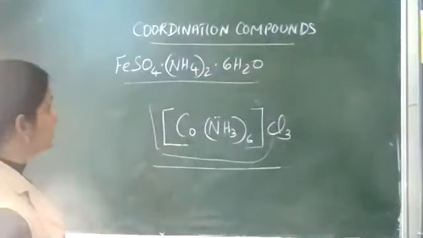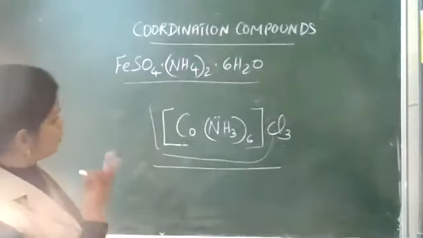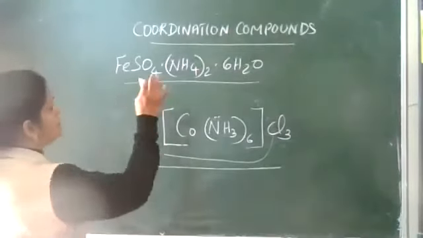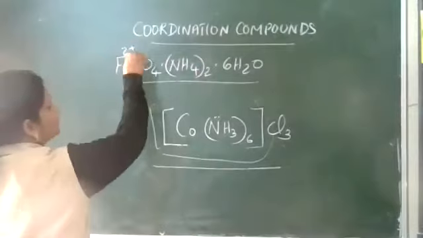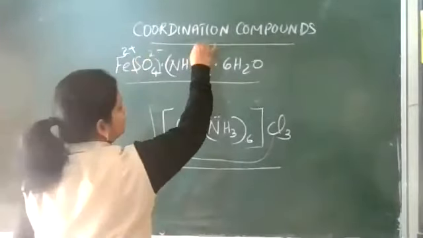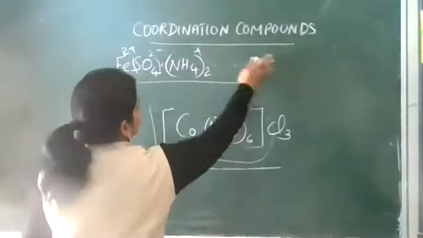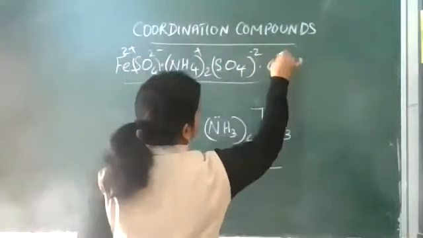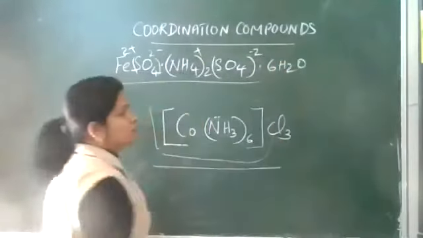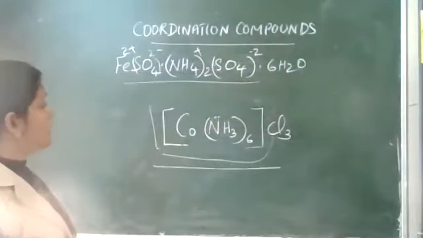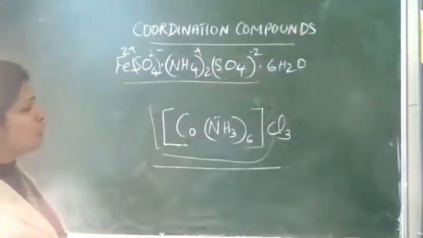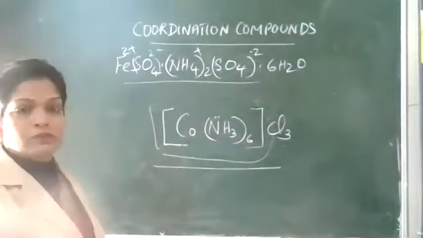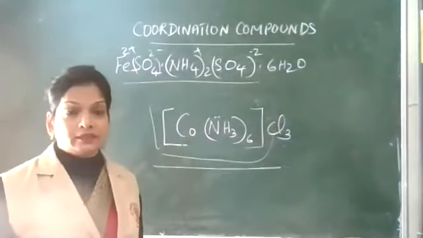When this is put in water, you will get all the ions: Fe2 plus, SO4 2 minus, NH4 plus, NH4 plus, SO4 2 minus, then 6H2O. So a double salt when put in water, all ions get dissociated.